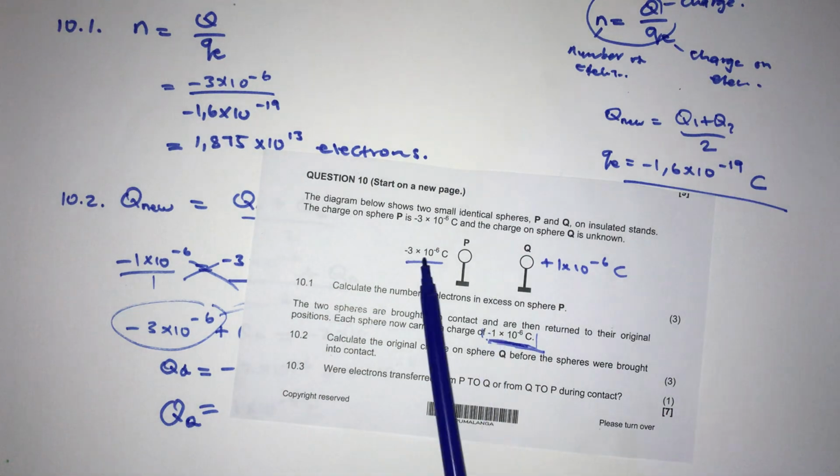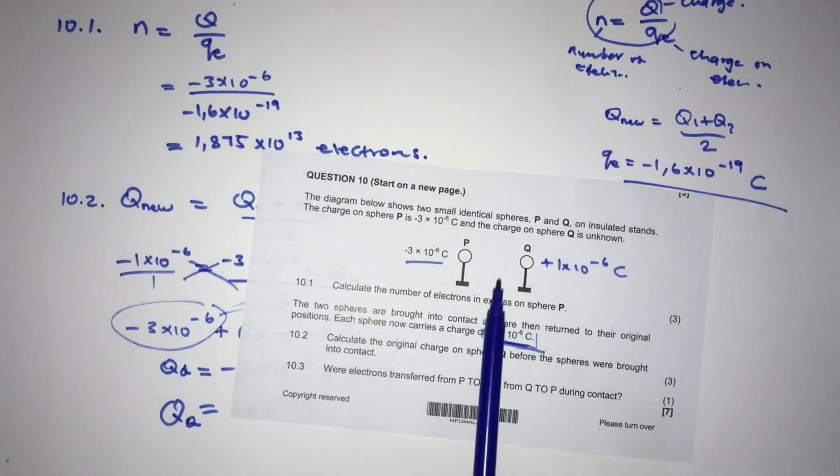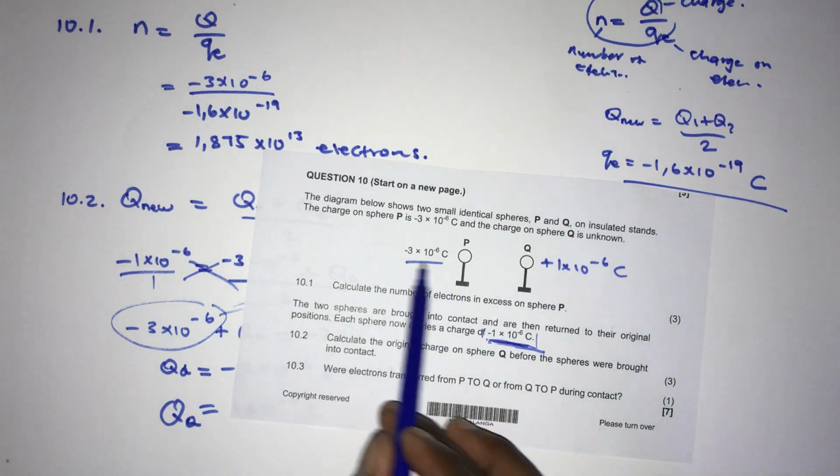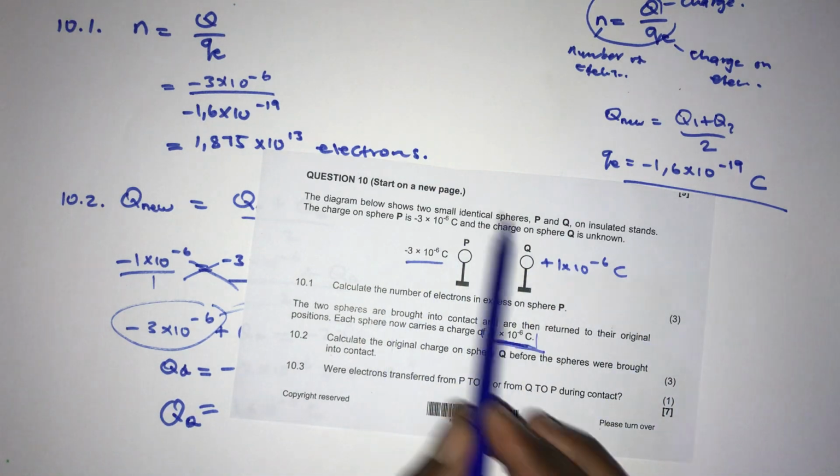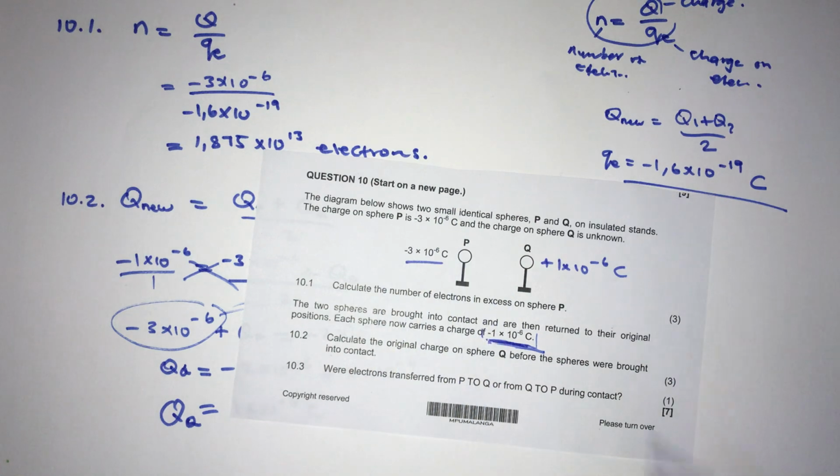Since one is positive and the other negative, and electrons are negatively charged, the one with the negative charge has excess electrons. It's easy to differentiate that they will move from the charge that has excess electrons. Because it's negative, electrons are negatively charged.